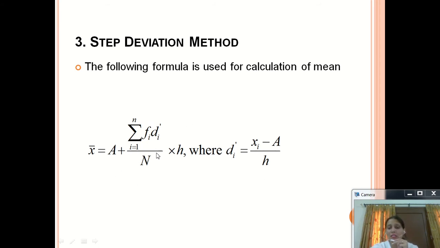In the previous lecture, where we found the arithmetic mean in case of individual series, there is no fi, only summation of di. But here the series is discrete, so we first multiply fi into di dash, then take the summation.